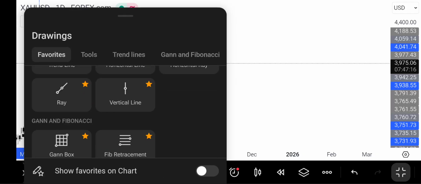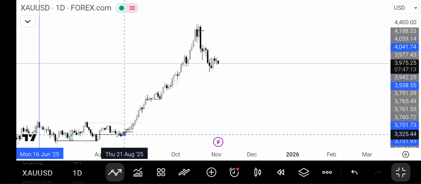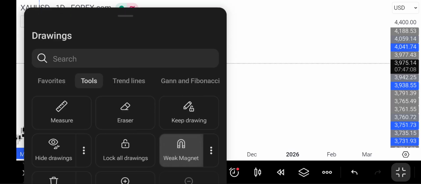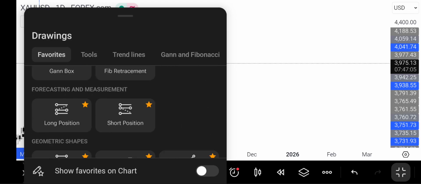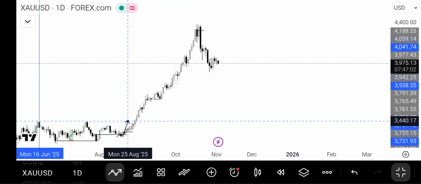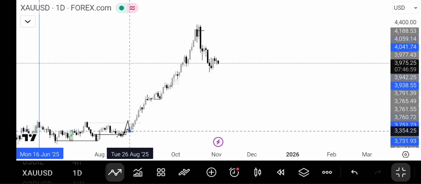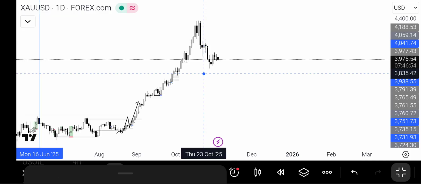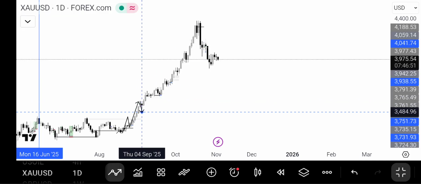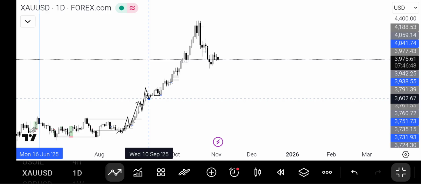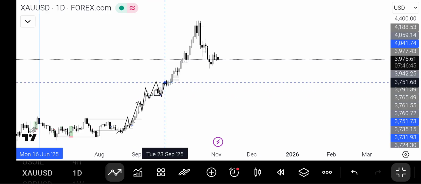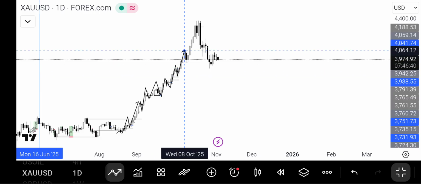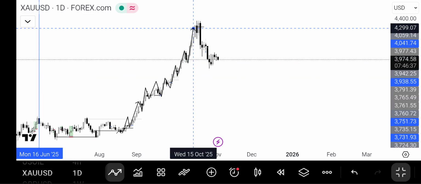We all know that gold is in an uptrend, making a series of higher highs and higher lows, higher highs, higher lows, higher highs, higher lows, higher high.